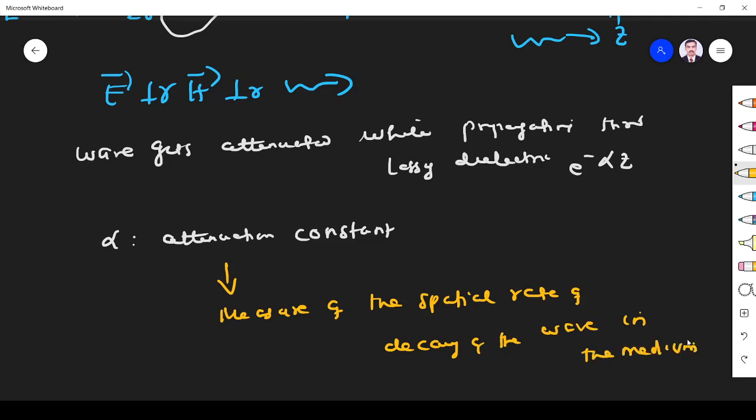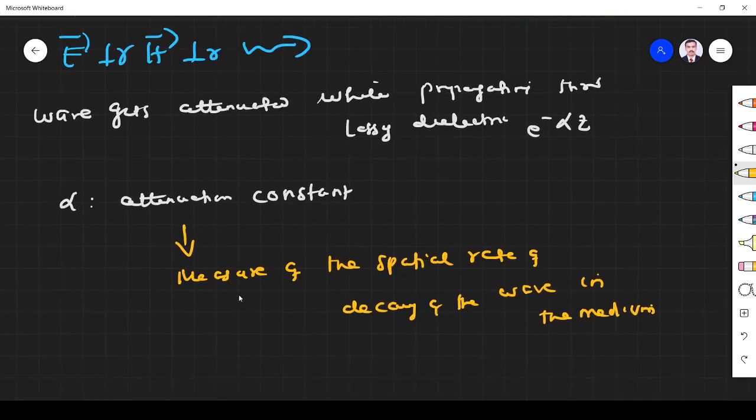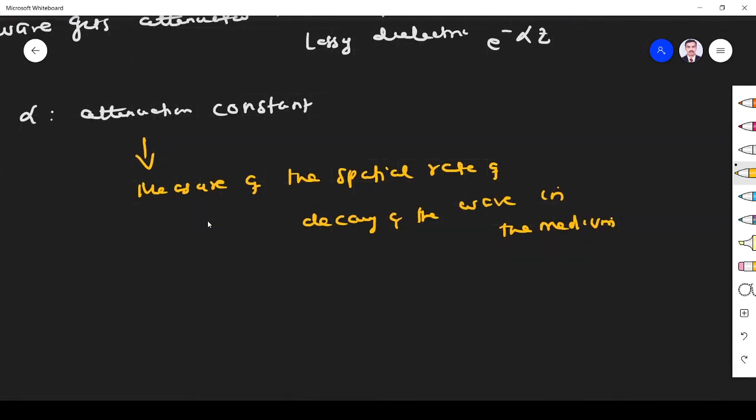I hope you understand this clearly. Attenuation is given in the unit Neper per meter, Np per meter, whereas beta is the phase constant, given by 2 pi by lambda. It is in radians; lambda is a length in meters, so the unit is radian per meter.